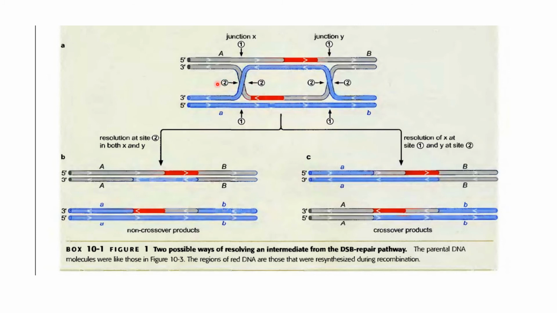If the cutting takes place horizontally in both the junction X as well as at junction Y. Again I'll repeat, if cutting takes place this way, that is the horizontal cutting at junction X, and this way the same horizontal cutting at junction Y, then it results in formation of this product which is called a non-crossover product.